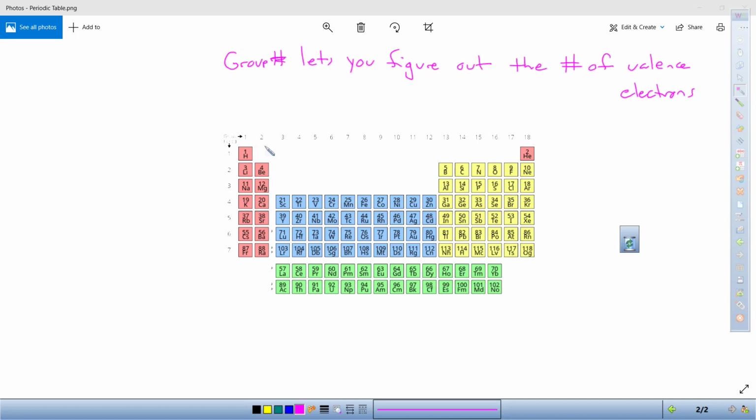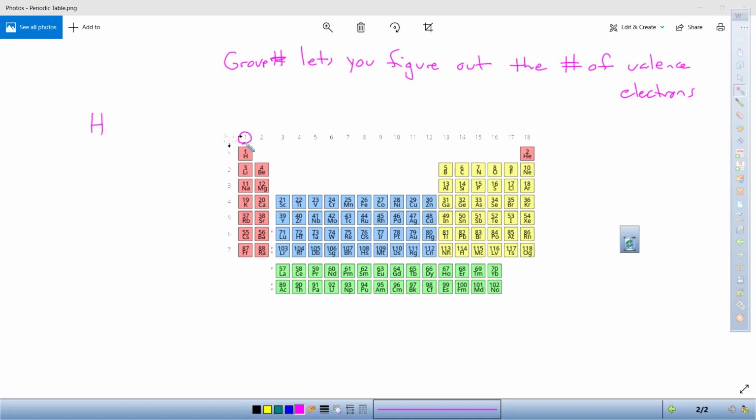Now that's pretty simple because if I have group 1, that means it has 1 valence electron. Now what we want to do is draw a diagram of this. So consider hydrogen. It's in group 1, and what someone came up with is this idea called electron dot diagrams. Quite simply, to represent an electron, you use a dot.